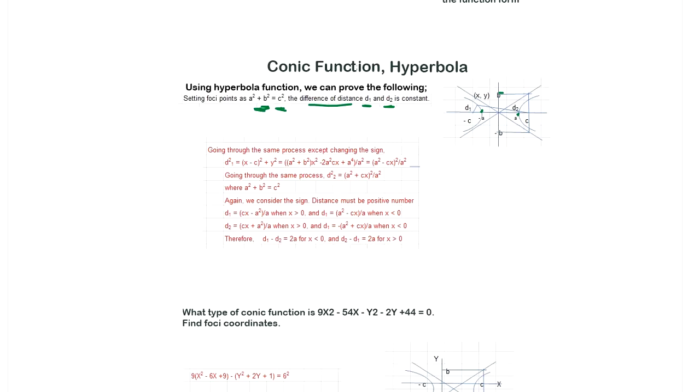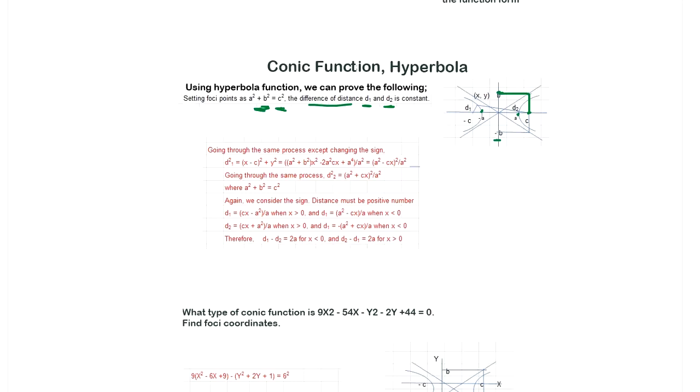How do you determine the b? The focus point, you draw the line up, and this asymptote line, the height is b. So a square and b square equals c square.